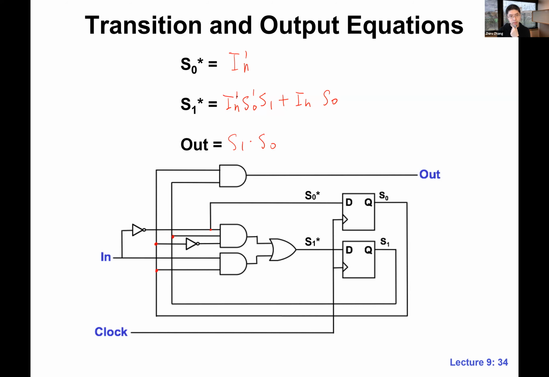Determine S0 as 1. Yeah, it's close. We do need to determine S0 as 1, so it needs to be somewhere. Yes, Sebastian, you're right. We need to construct this truth table, the transition output table. Once we have a table, we can reconstruct the state diagram.